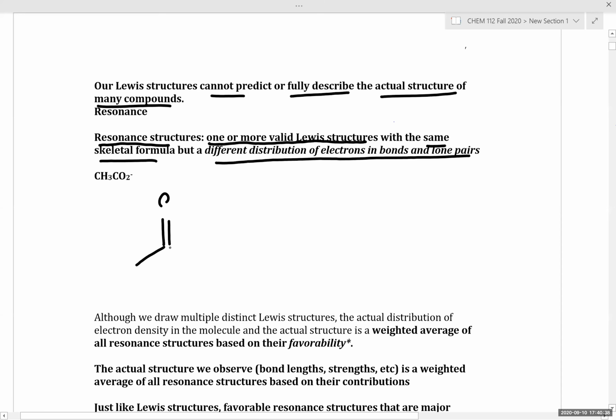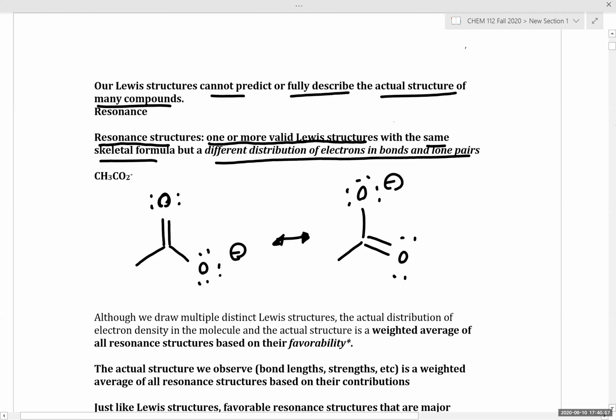So for example, for acetate, we had the first structure, and we can just as easily draw a second resonance structure where we're forming our double bond with the bottom oxygen. We indicate resonance structures using these double-headed arrows.